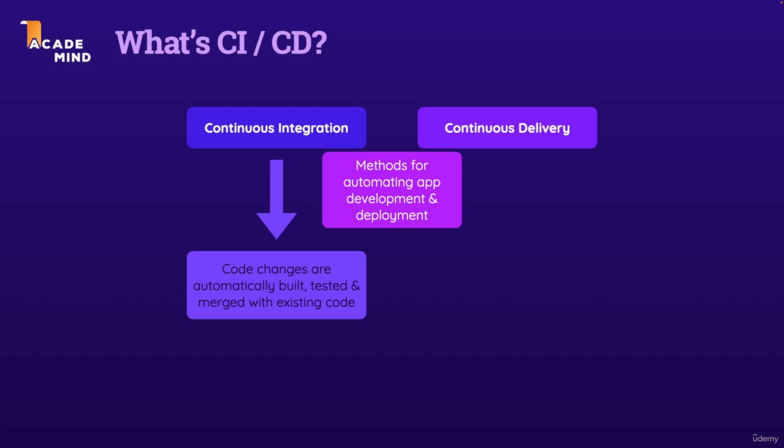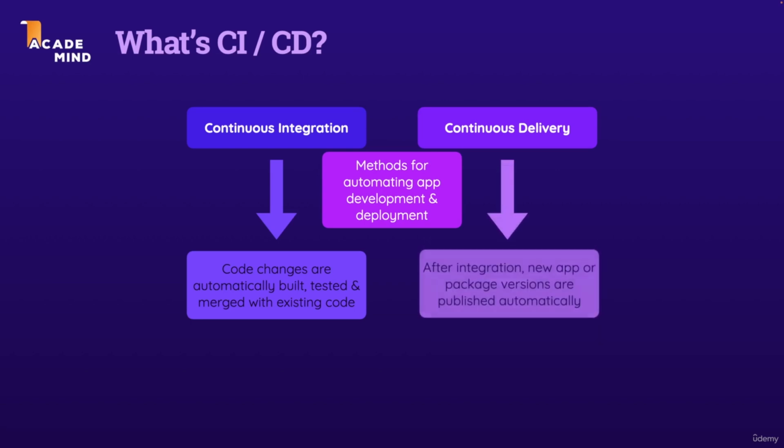Continuous delivery or deployment is about publishing new versions of your app or package or website automatically after the code has been tested and integrated. So it's all about automation, and it's about automatically handling code changes. For example, you might want to automatically upload and publish a new version of your website once you made a change to the website code.